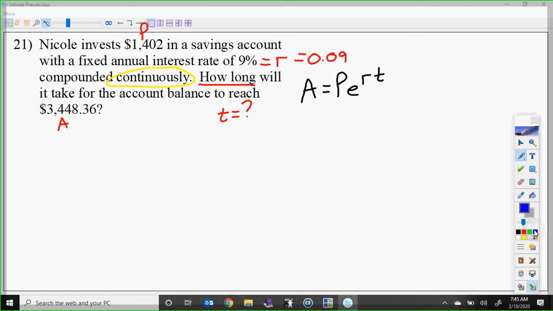All right, so let's plug in what I know. This time I do know A. 8.36. I know P is 1402. E. I know my rate is 0.09, but I don't know what T is.